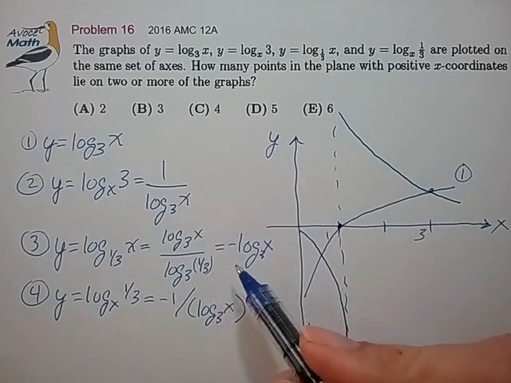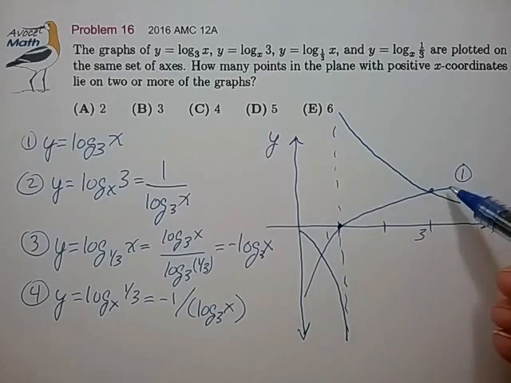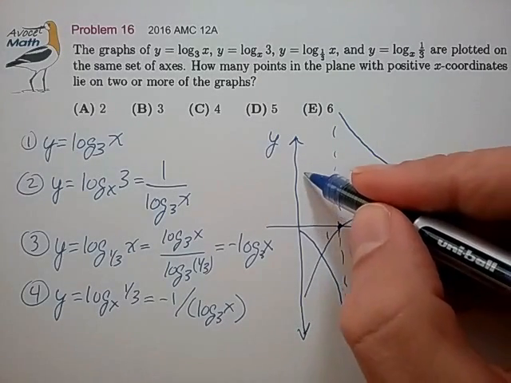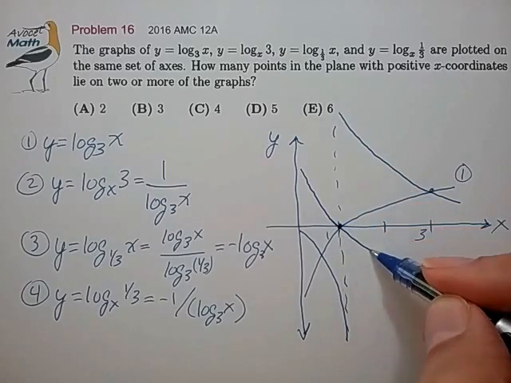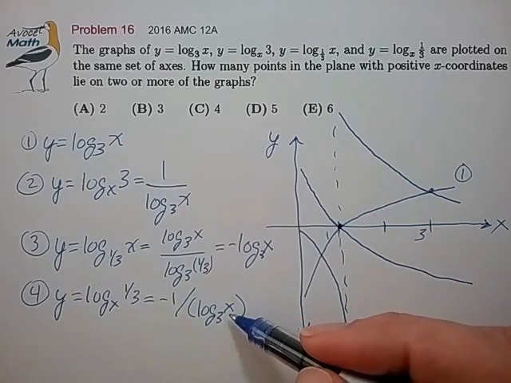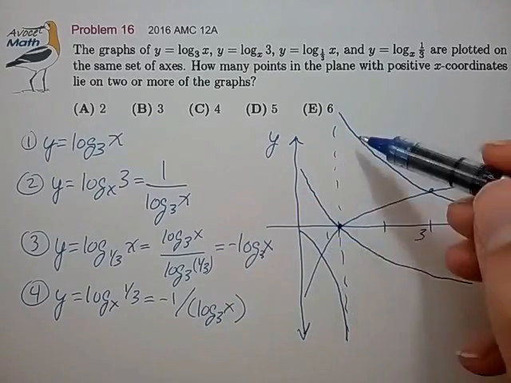The third graph looks to be just the negative of the first graph, so we can just take this graph and flip it over the x-axis. That gives us something that looks like that. And the last one looks to be just the negative of the second graph, so we can take the second graph and just flip it over to generate this graph.